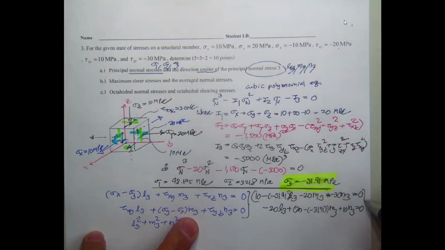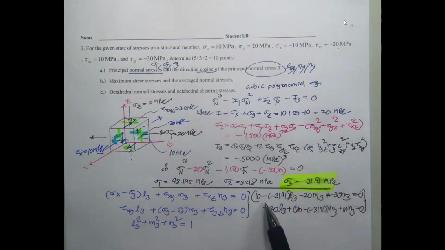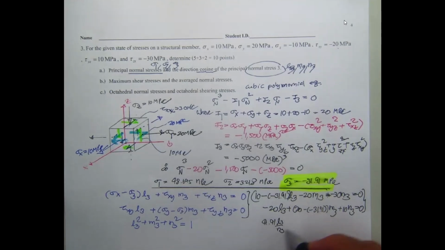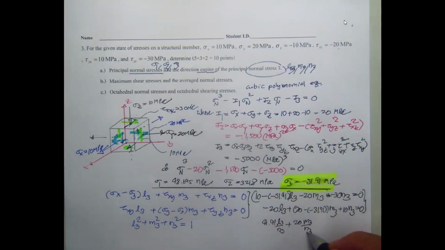Based upon these equations, you may rewrite them by dividing by N3. This one is going to be 41.91 L3 over N3 plus 20 M3 over N3 equal to 30.